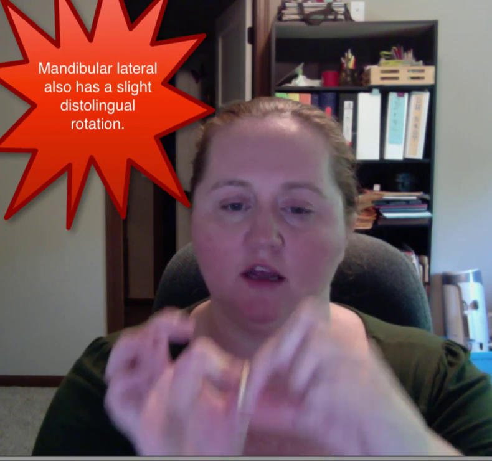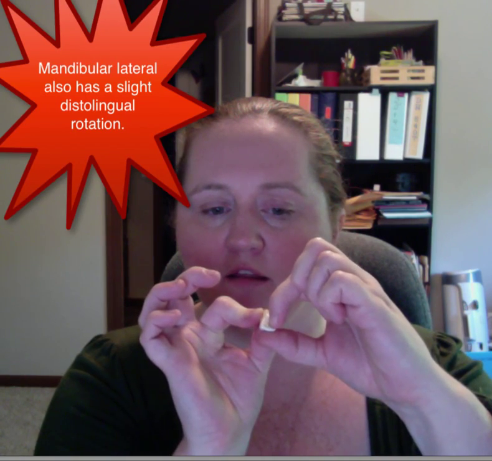There's really not a lot of anatomy there. As compared to the lateral, you're going to feel more of the developmental area on the lingual. There's a bump right there. This lateral also has a greater cingulum, but that's hard to tell when you don't have them side by side.